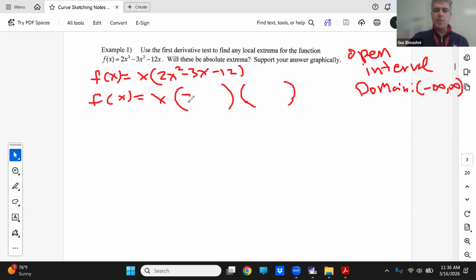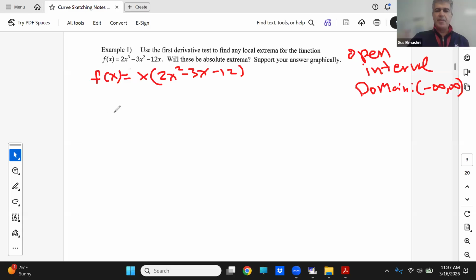Need a little trial and error, or fancy factoring rules. Minus 4. Wait, does that factor? Oh, it doesn't factor. Okay, never mind. Well, that's a bummer. Doesn't factor.